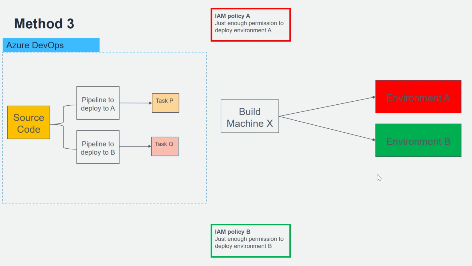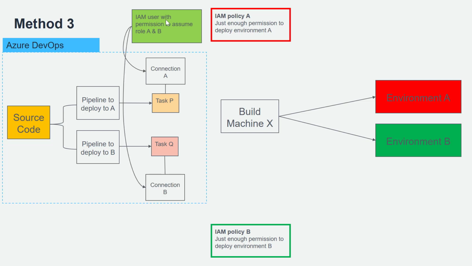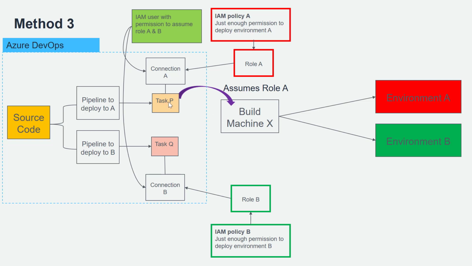The method number 3 is more elegant. You create one IAM user with permission to assume role A and B. You don't define any permissions for this user, but you define in the role that this user is trusted to assume the role. You then create a connection like we created before. You create a role, and this role A trusts this user to assume itself. Role B also trusts the user to assume that role. And then when the task P executes on the build machine, it assumes the role A. It can do because it has the rights to do so.